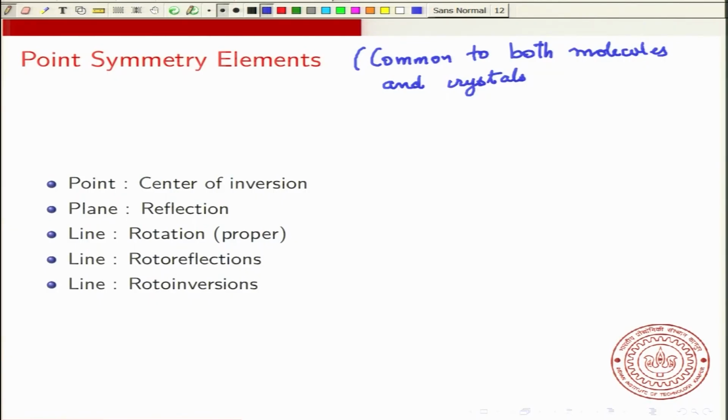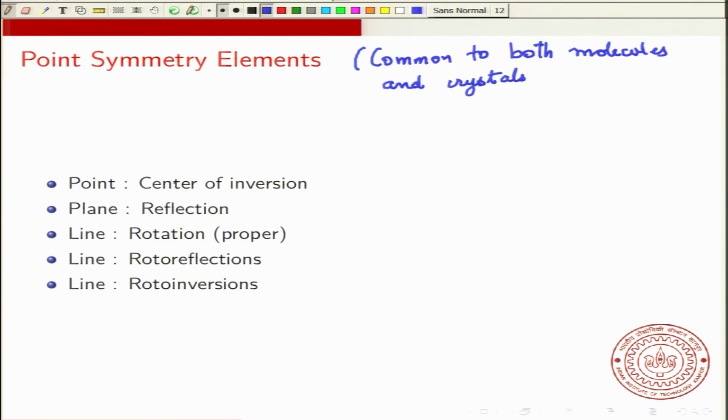What are the symmetry elements that we have seen? We have seen that a geometric point is a symmetry element, and that generates a symmetry operation called the center of inversion.